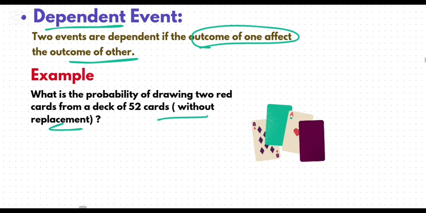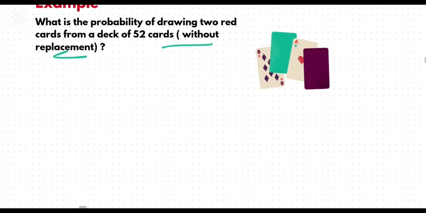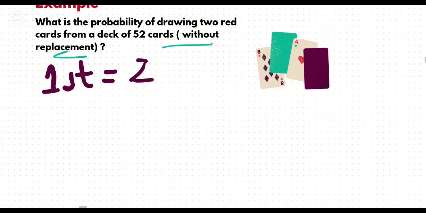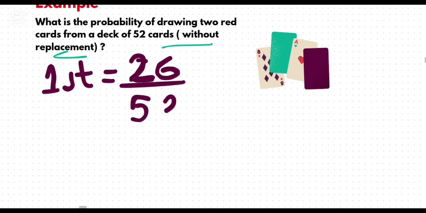Let's calculate. The probability of the first card is 26 by 52. Let me erase it and write it again. 26 by 52. This is the probability of the first card.